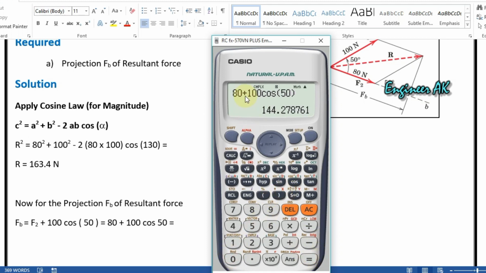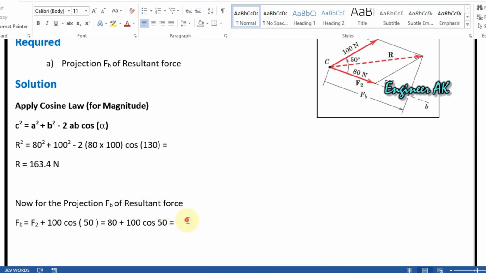If I plug this into the calculator, 80 plus 100 cos of 50, we get 144.27, so we can write it as 144.3 Newton. So this is the answer. This is the projection on the b axis, that is, the projection of the resultant R on the b axis. So that's it for today, and see you in the next video. Thanks for watching.